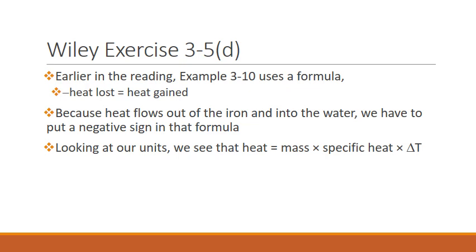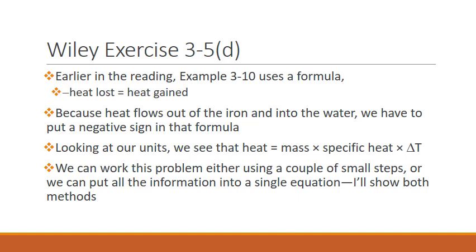So looking at our units, we see that the heat is the mass times specific heat times delta T. We've also seen that formula in the reading. So we can do this problem either in a couple of steps or put it into a single equation. And I'm going to work the problem using both methods.